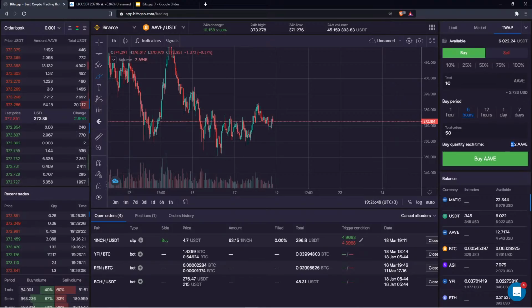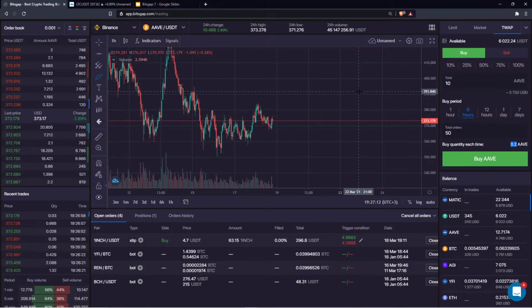That means per each order it will buy 0.2 Aave, which is significantly fewer than instantly buying 10 Aave. This is how you spread the volume across multiple buy orders to enter the market as calmly as possible.